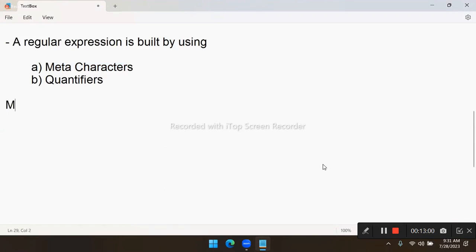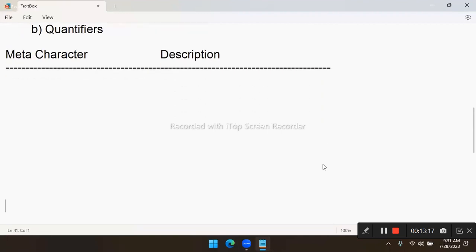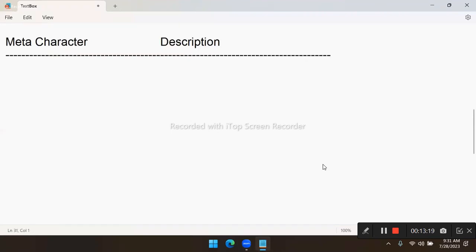Let's see what meta characters we have: first, the meta character and its description. We will see what those meta characters are and what their purpose is.